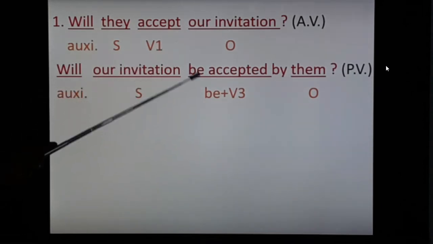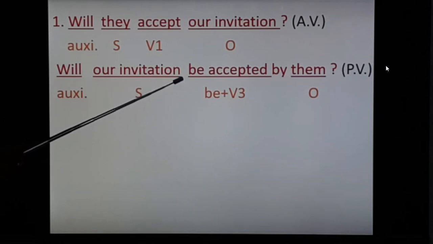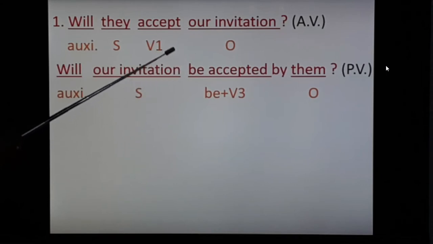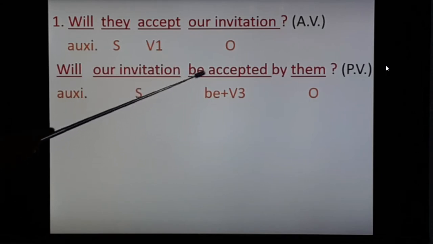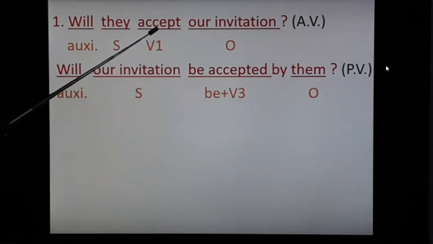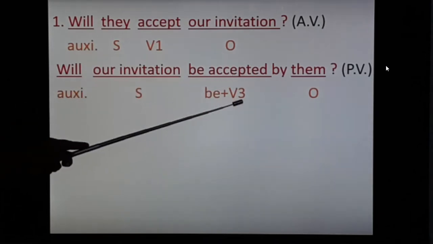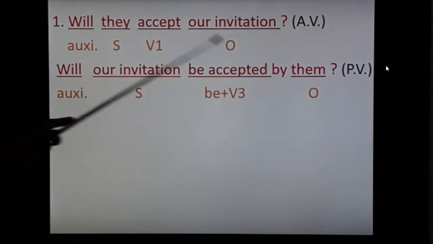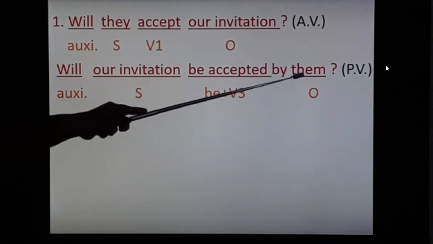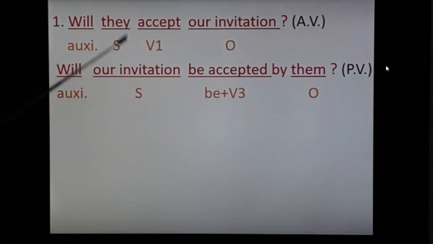Then you have to add be here, because we are framing passive voice in simple future tense. Then you have to add the V3 form of the main verb, accept, so accepted. Then by, and they becomes them in passive voice. So, will our invitation be accepted by them? Put a question mark. This is passive voice.